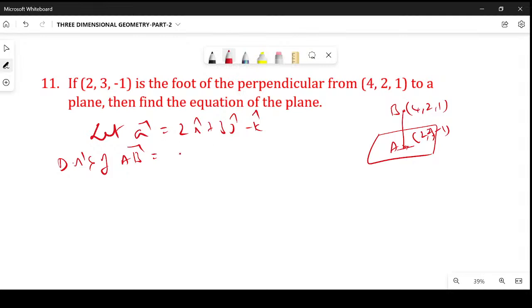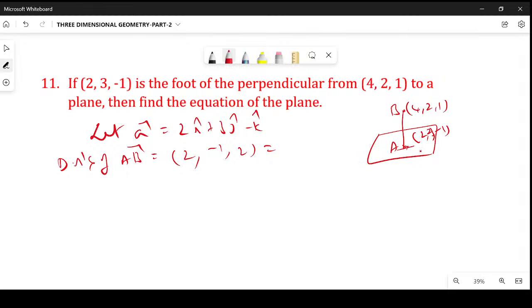For the DRs of AB bar, I can write 4 minus 2, which is 2, then 2 minus 3, which is minus 1, and 1 plus 1, which is 2. So this is nothing but n bar, the normal. They are asking for the equation of the plane.